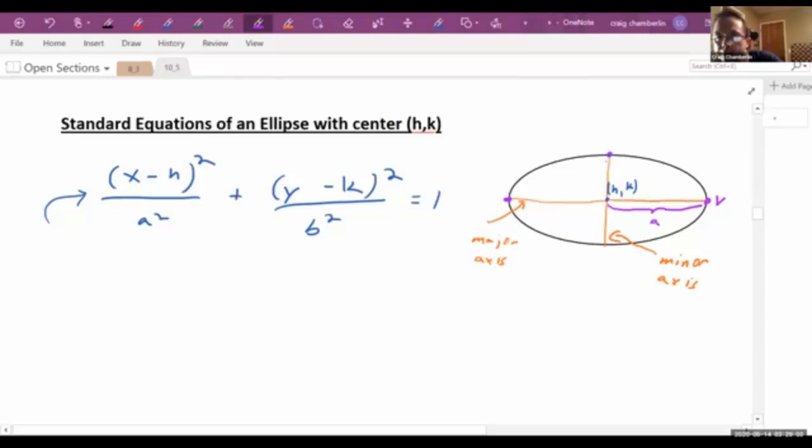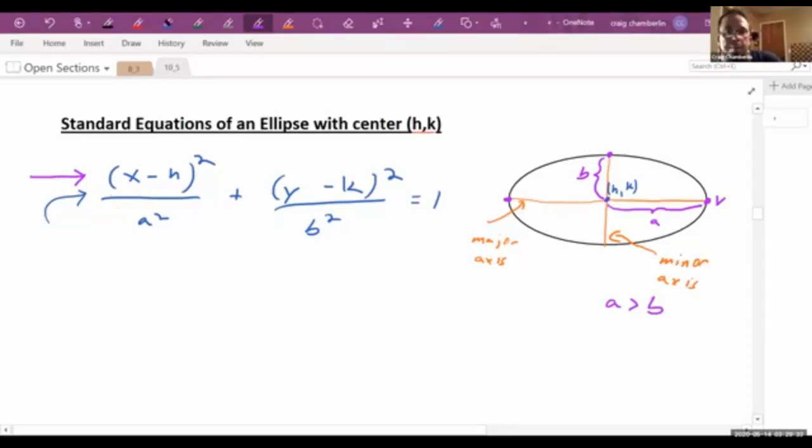The distance from the center on out to the ellipse along the minor axis is b. And so this is your standard form. We always think of a as being bigger than b. This is your standard form if the major axis is horizontal.